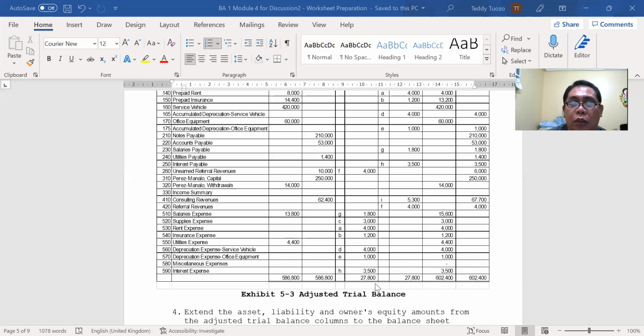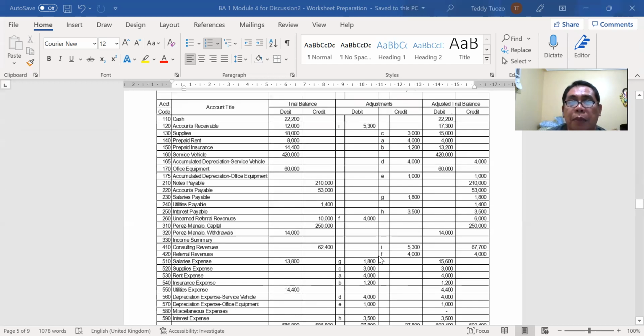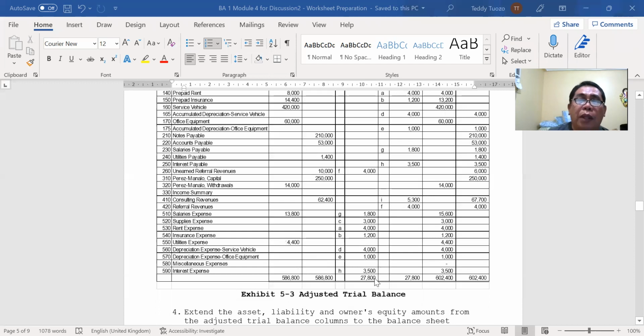And then you add. You have to take note that when you have completed the column, you should add. And of course, take note that the debit should always be equal to the credit column. So the totals of the debit column should be equal to the credit column. For the adjustments, we have 27,800 on the debit and 27,800 also on the credit. So meaning to say, it might be that our work is correct.